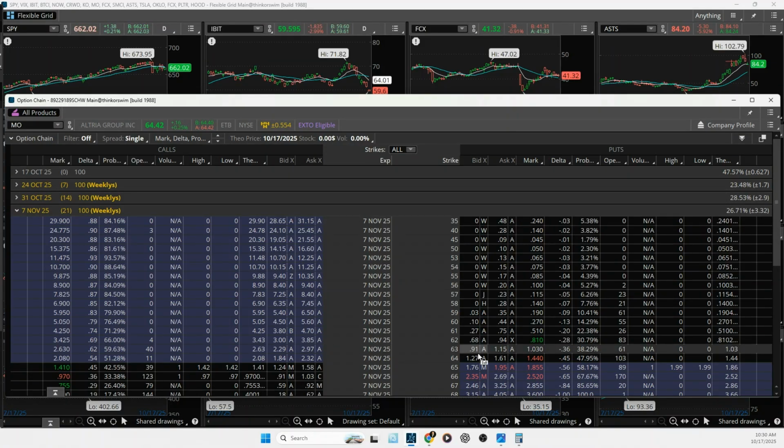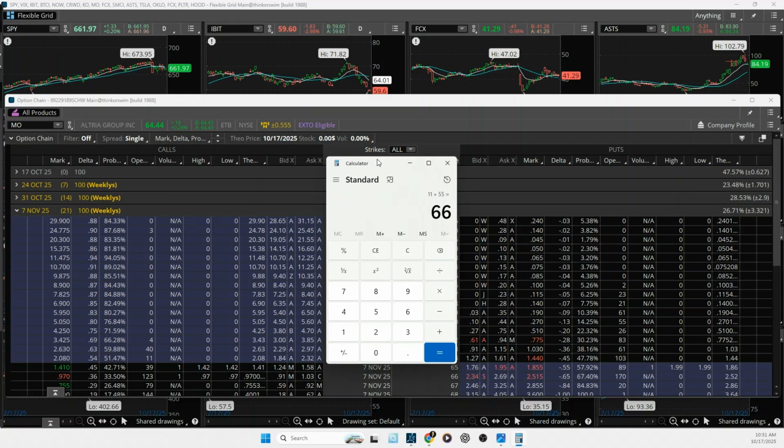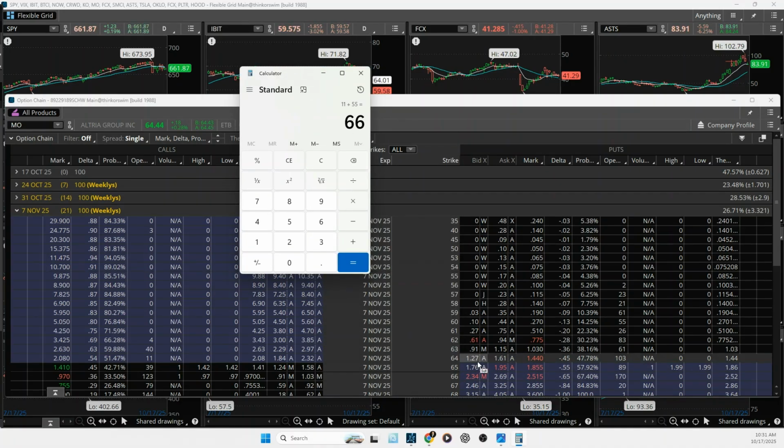And here we have a 20-day contract that we could sell for about 100 bucks. If we're happy with this price, maybe we could get 100 or 150 bucks. So if we wanted less chance of getting assigned, we're looking at 66, and here is 100 to 150.